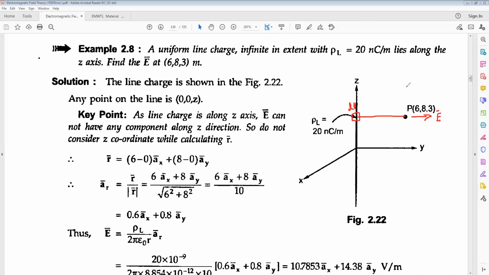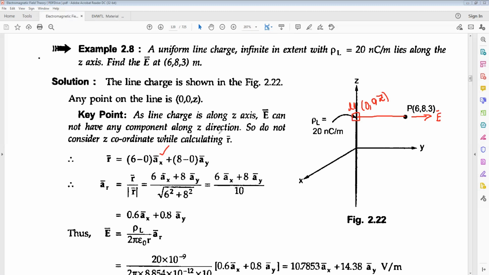R bar is equal to 6 minus 0 into x bar, because x is 0, y is 0, and z. A point on the z-axis means you'll get only the z value. 6 minus 0 into ax bar, 8 minus 0 into ay bar, and the z-axis here, as a line is along the z-axis, E bar cannot have any component along the z direction.